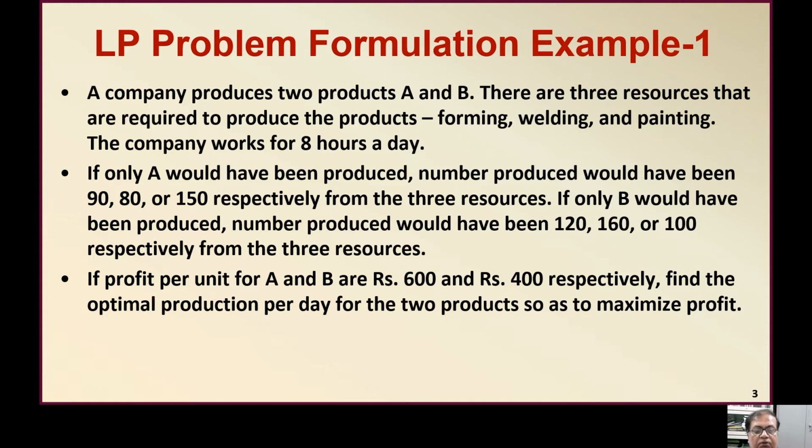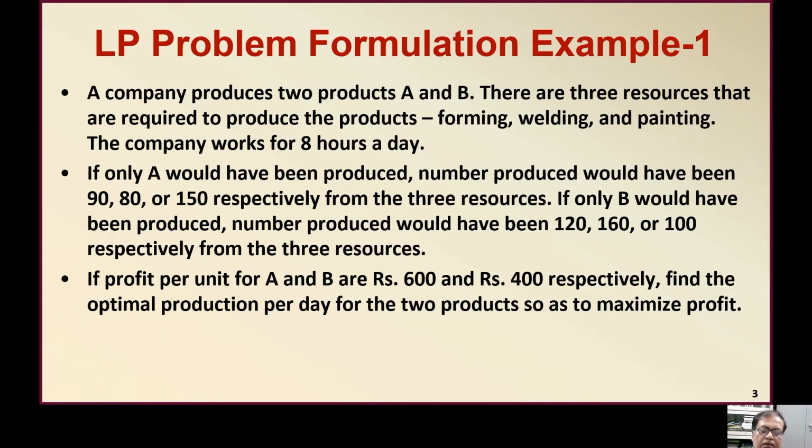Similarly, if only B would have been produced, the forming capacity in terms of product B is 120, in terms of welding is 160, and in terms of painting is 100. So see, if we are producing x1 units of A and x2 units of B, how much of the forming resource are you utilizing by producing product A?